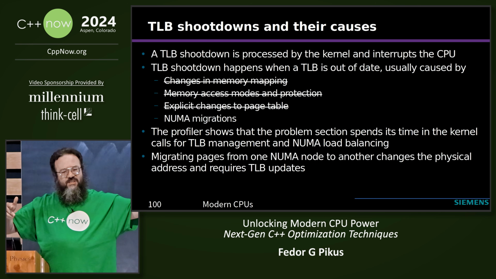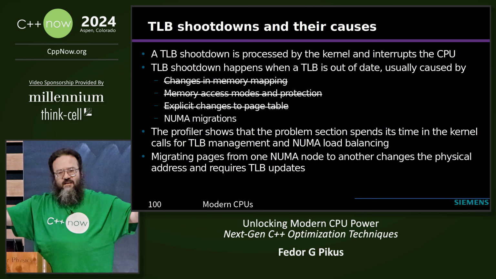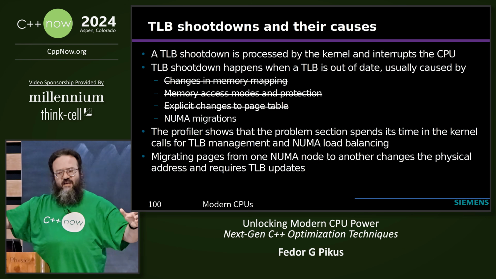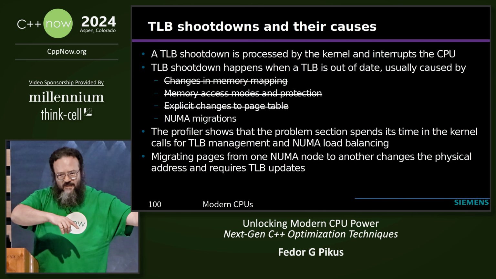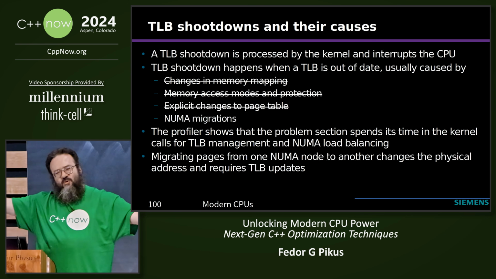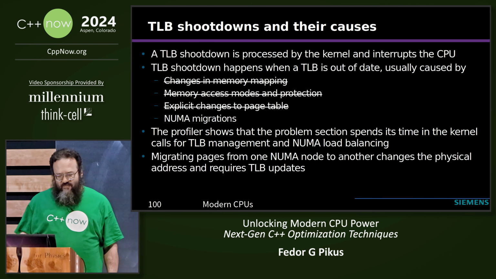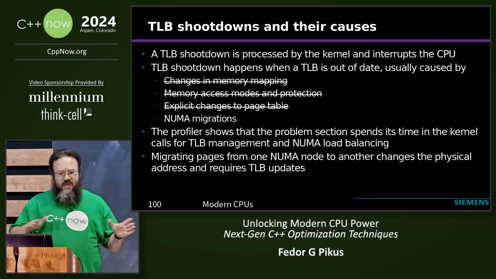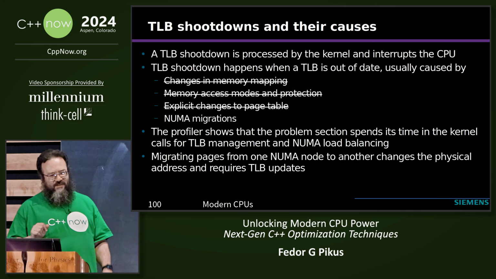The NUMA node that lost it doesn't know what that is, and has no way to access the other TLB. There is no hardware protocol for that. So the kernel basically has to update the TLB of the NUMA node that lost that page to match the NUMA node that received that page. And TLB shutdown is actually mentioned in the name of one of the kernel functions that shows up in the profiler as handling this situation.